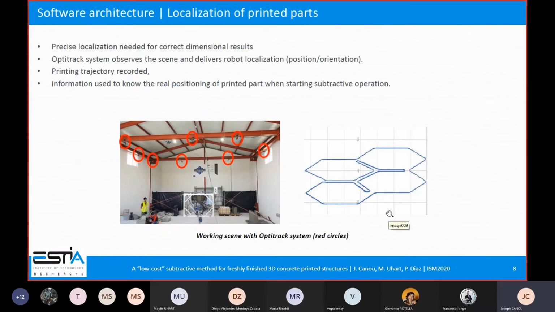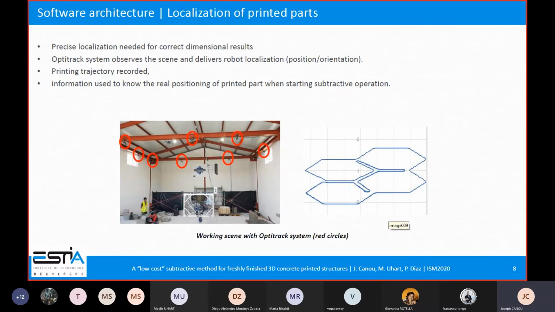So the printing trajectory is recorded, and then later, when we want to do the machining, we use this information to be precisely positioned in regard to the part we want to work on, just before starting subtractive operations.